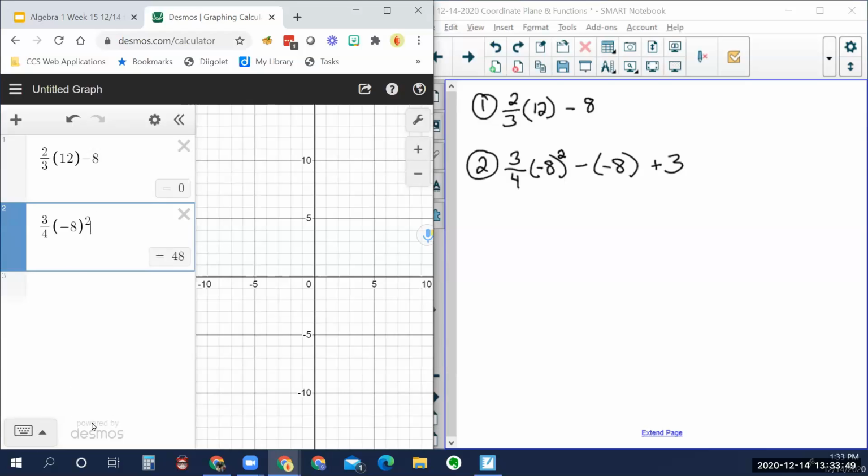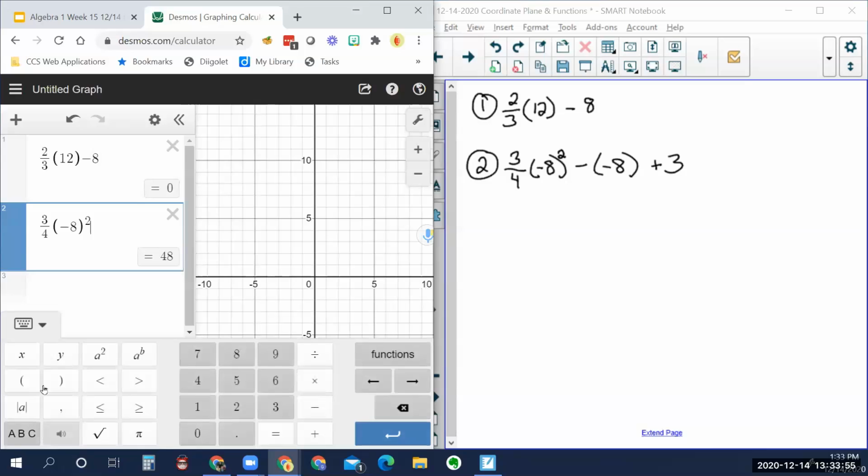What I hadn't pointed out yet is down here in the lower left corner, you'll see a little keyboard. If you click on that, then you've got number keys, you've got the operations, the equal sign. But up here in the upper right corner of that left side, you've got a button that'll just put an exponent 2 on there automatically, or a button that'll put you in the exponent just like shift 6 does.